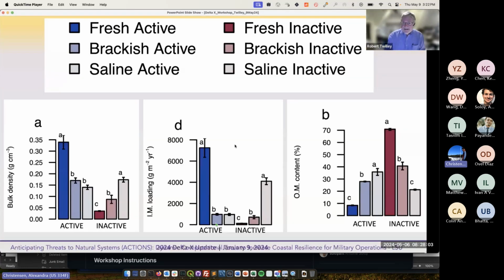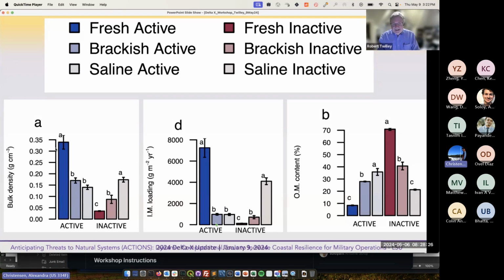And just to give you an idea how different these settings are, just look at bulk density. Again, the first three bars are the salinity gradient from fresh to saline in the active delta zone. And the same, these red colors are in the inactive, again, from left to right, going from fresh to saline.